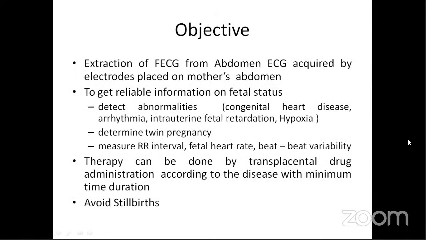So the objective of this extraction is to get reliable information about fetal status during pregnancy or during pre-labor, to detect abnormalities such as congenital heart disease, arrhythmia, intrauterine growth retardation, hypoxia, and to determine twin pregnancy also, and measure the RR interval, fetal heart rate and beat to beat variability.